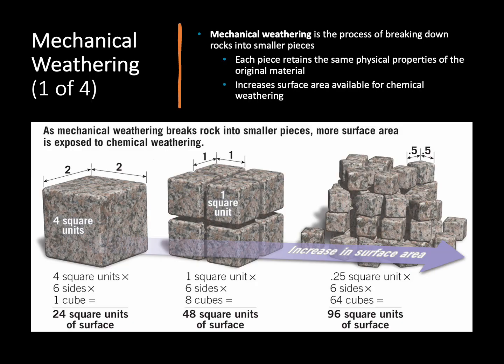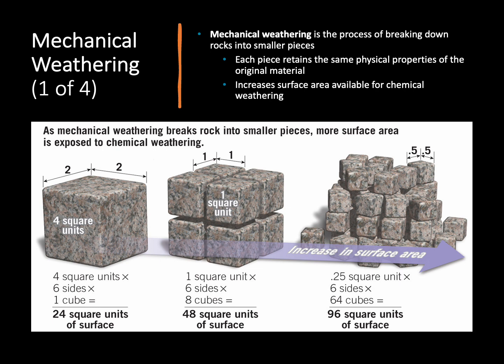So we're going to start talking about mechanical weathering, and then we'll switch into chemical weathering at the end of this video. But mechanical weathering is just breaking down rocks into smaller and smaller pieces. So think about if I have a small boulder of a rock, and I have a hammer and I just break it into, let's say, 5,000 smaller pieces. That's mechanical weathering.